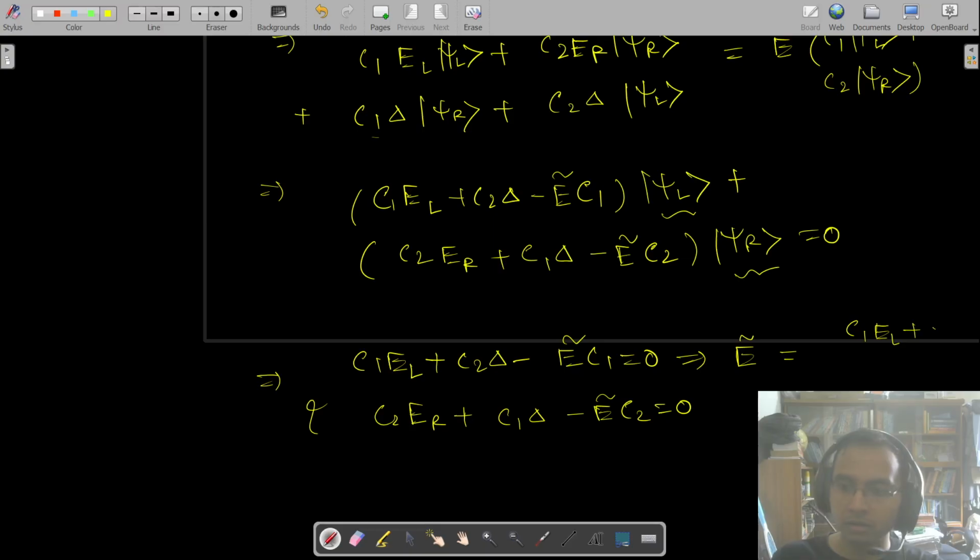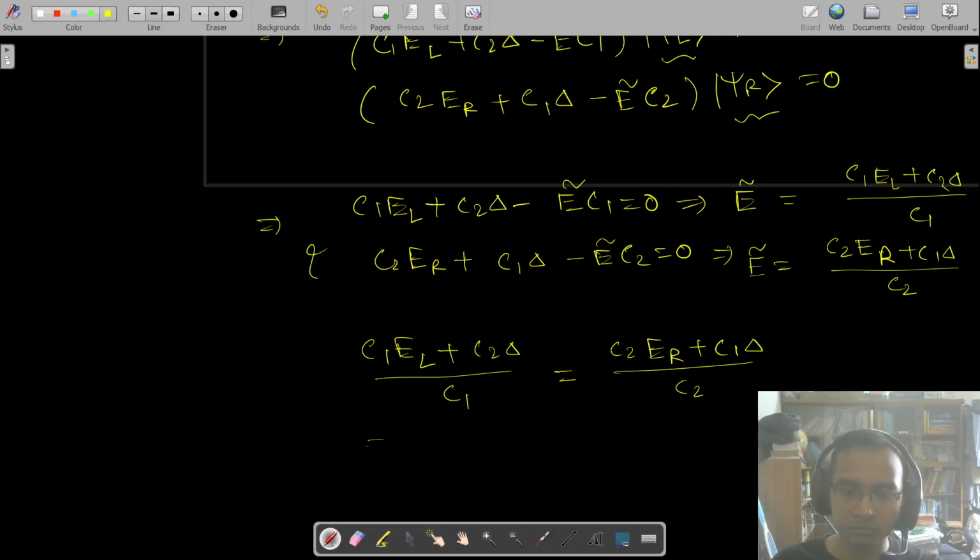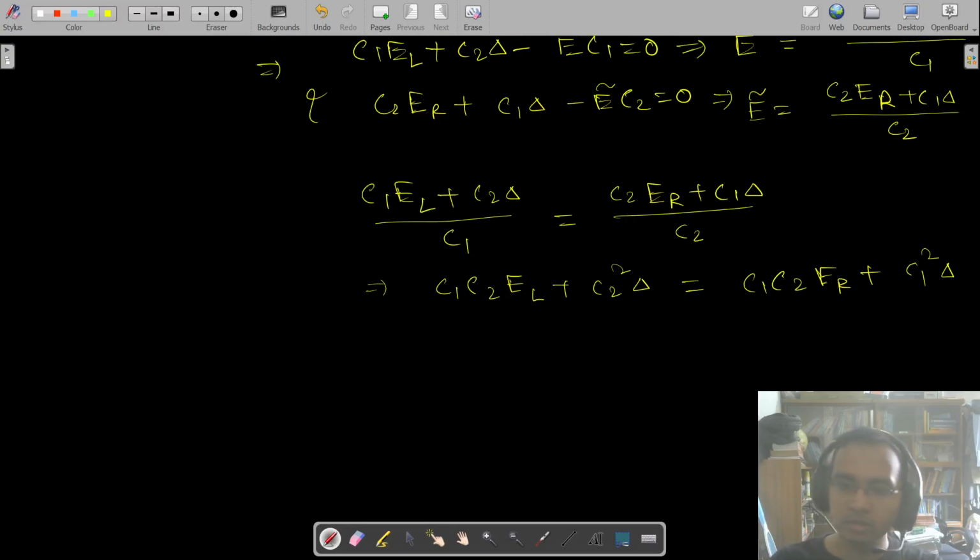If we find the value of E tilde from here, we see this comes out to be this, and from the other equation we have this. If we equate those two, we have this thing, and after cross multiplication, notice from this equation we can find C2 in terms of C1 or the other way around.